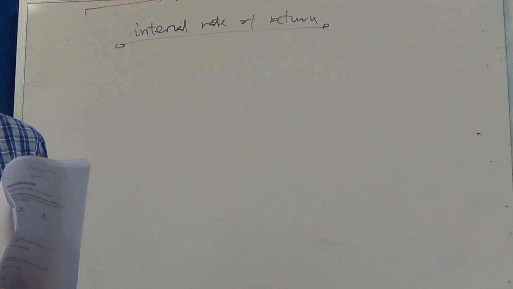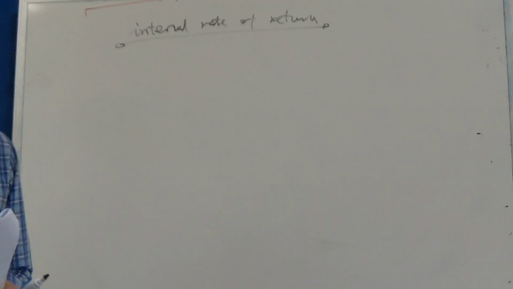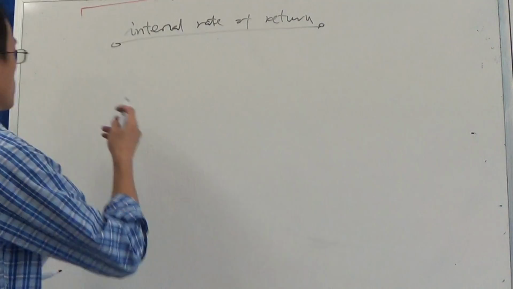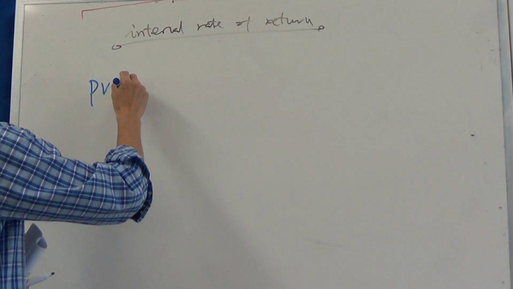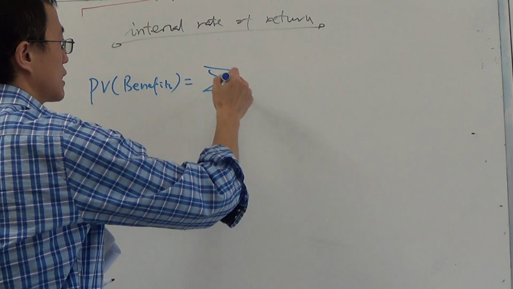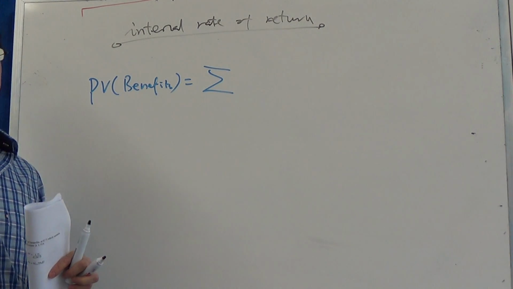For any project, we want to calculate the present value of cost and present value of benefit. So the present value of benefit is equal to the sum of the present values of each year's benefit.